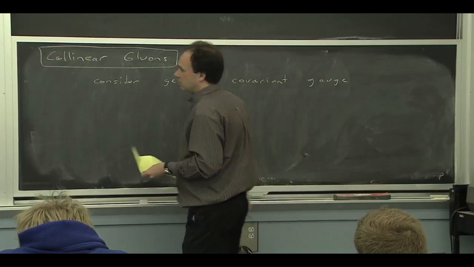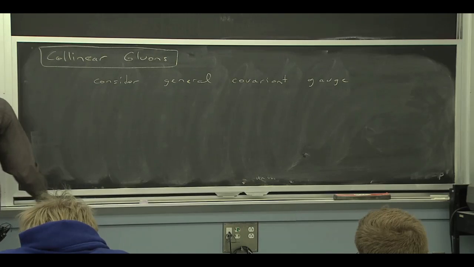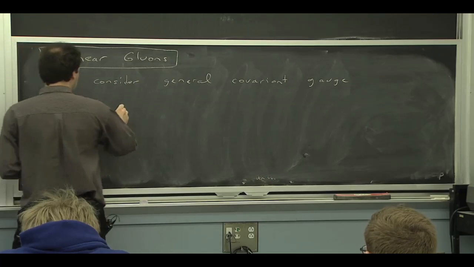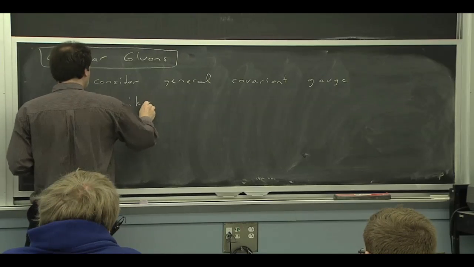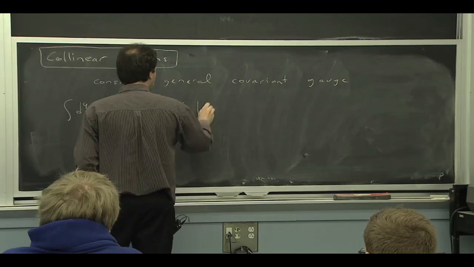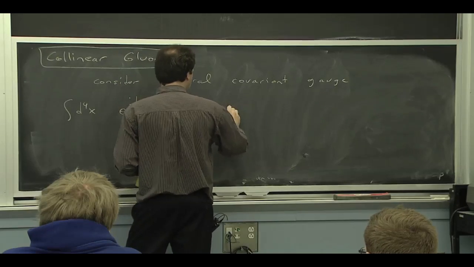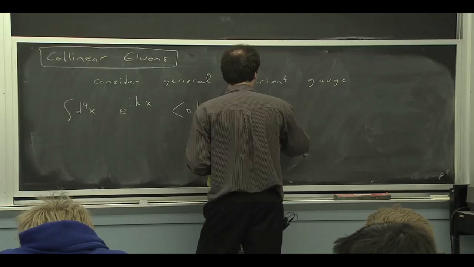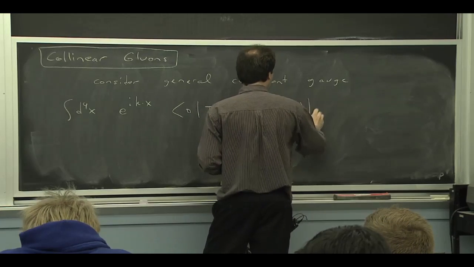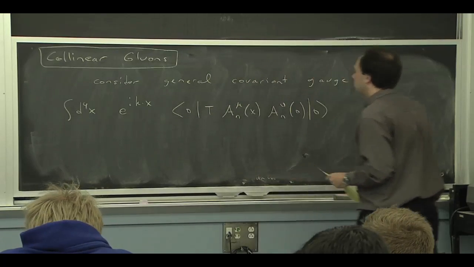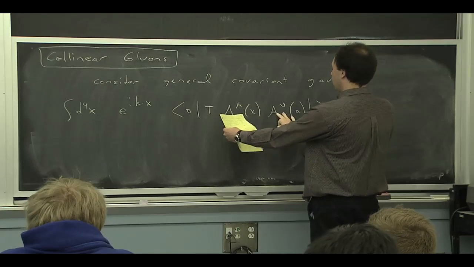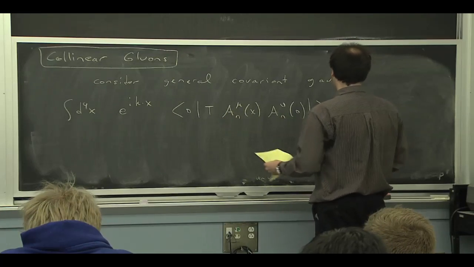And asking kind of the same type of thing that we did over here about the scaling of the field. So the propagator for two collinear gluons in the general covariant gauge, time ordered product, vacuum matrix element of two fields. Ignore the A's, ignore the subscript n's right now.